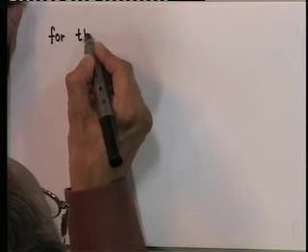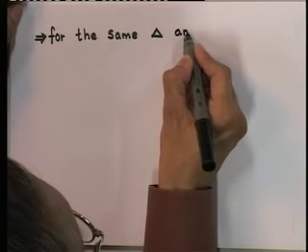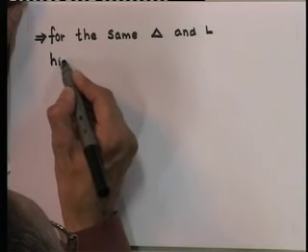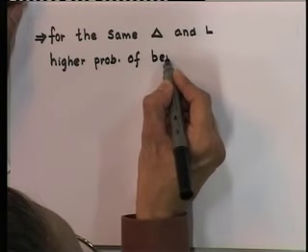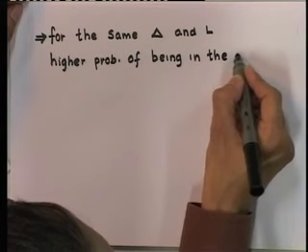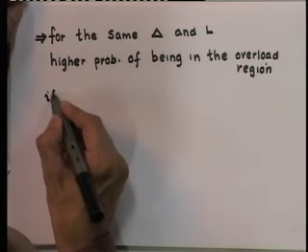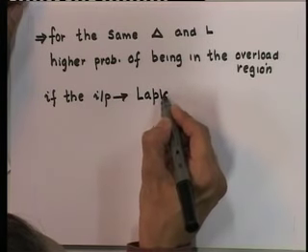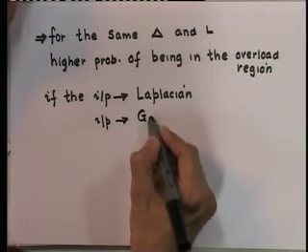So, what this implies is that for the same step size and the number of levels of the quantizer, that is L, there is a higher probability of being in the overload region if the input has a Laplacian PDF, than if the input has a Gaussian PDF.